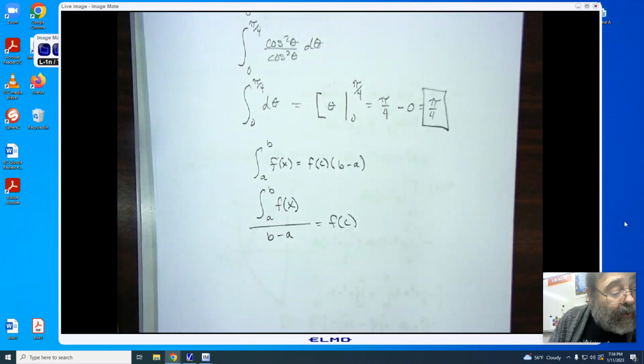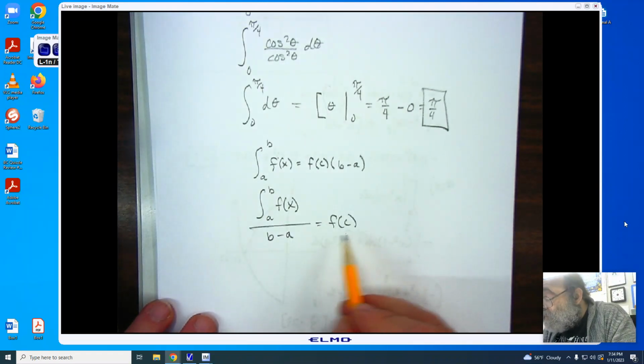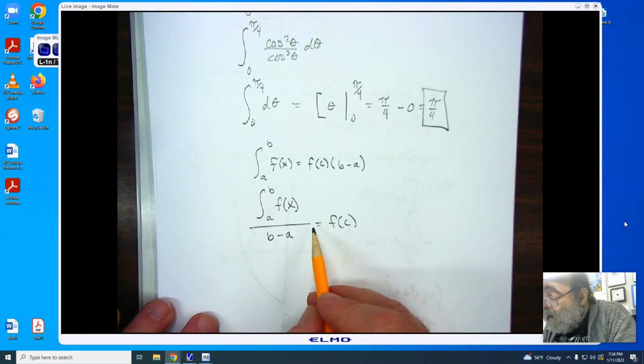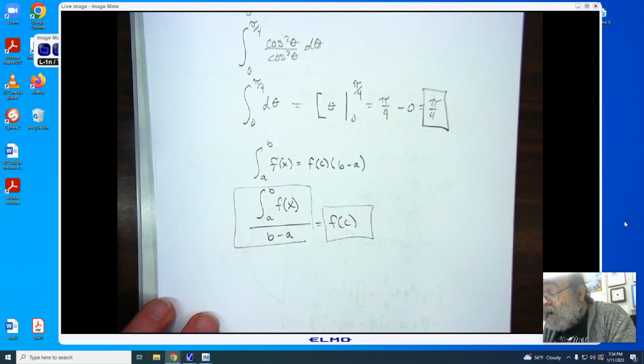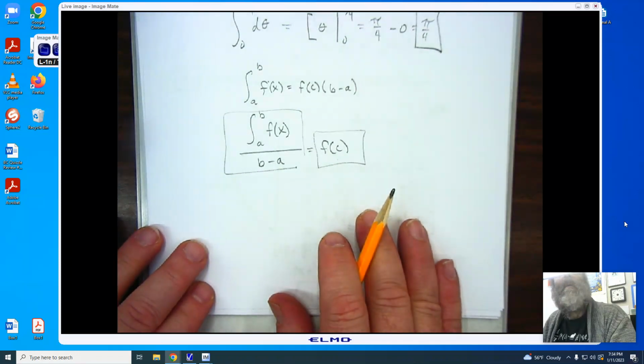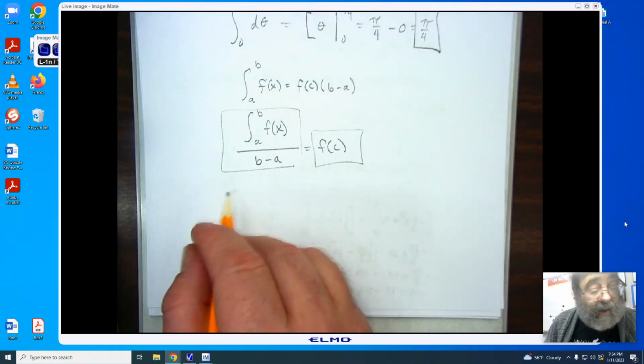Okay? And we're trying to find this value c. So we want to figure out where does this equal this on our calculator. That's our goal.